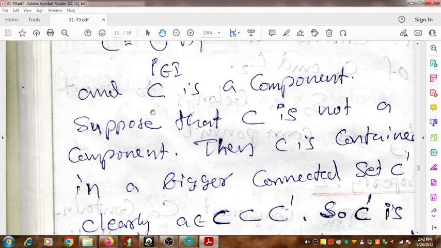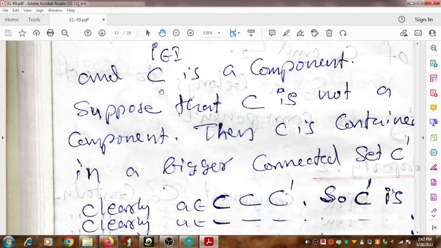In order to show that C is a component, we want to show that there does not exist a connected subset of X which properly contains C.